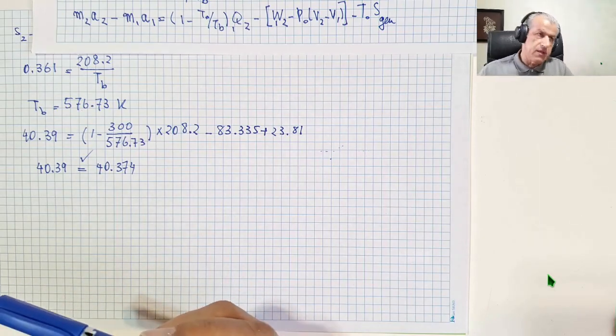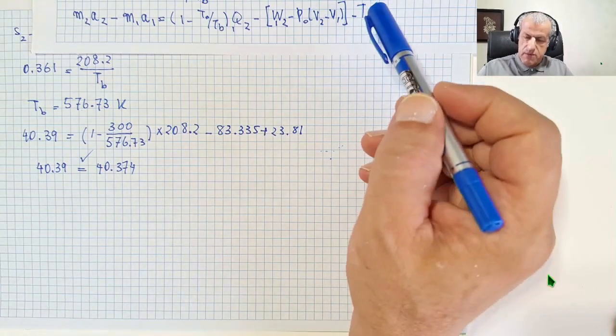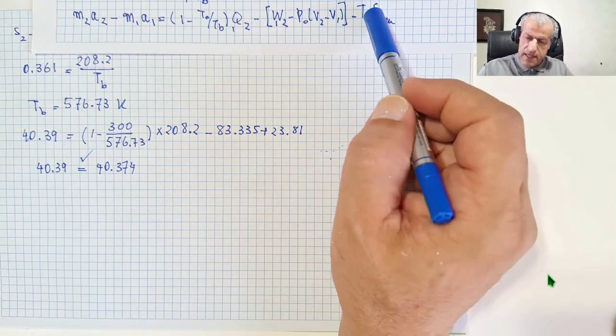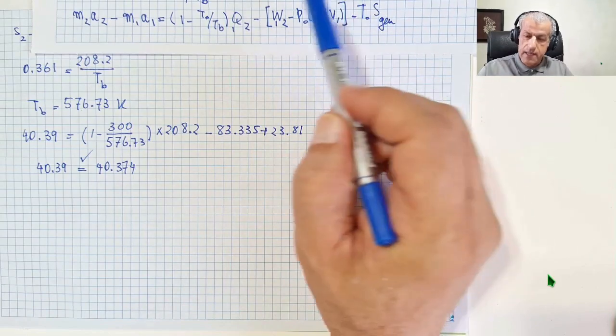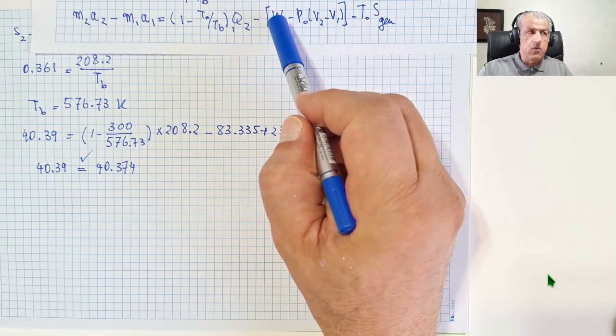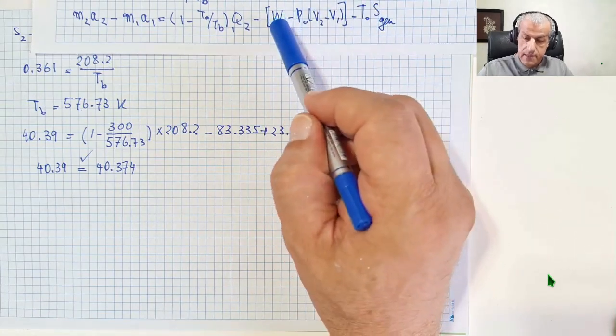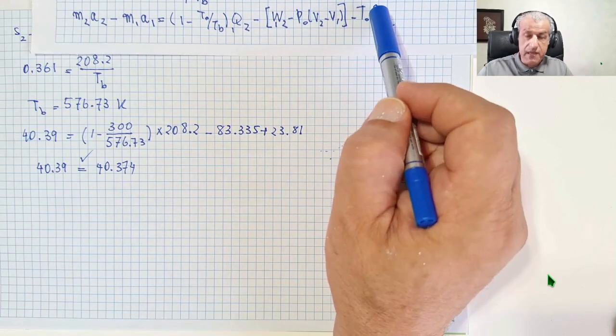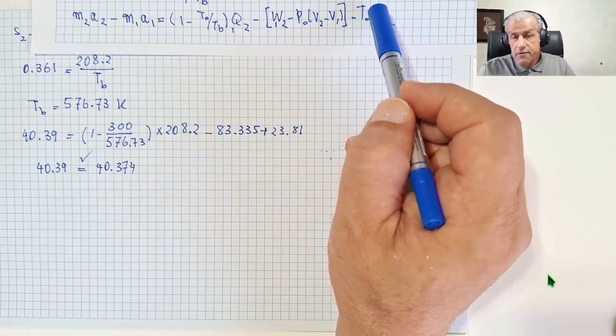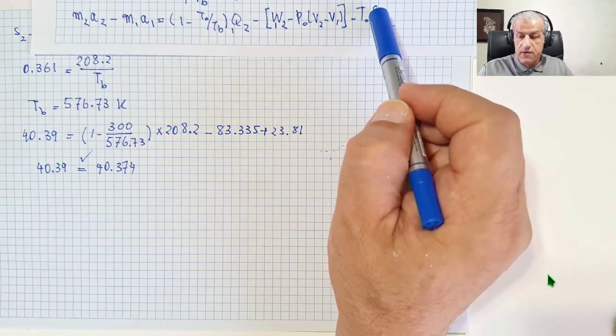Since it's a process, the maximum possible work happens when this term is zero and this term would get all the work that was basically part of it was lost due to irreversibilities.